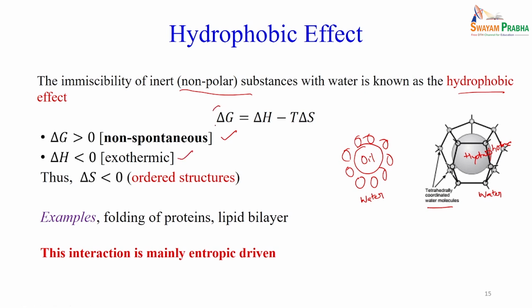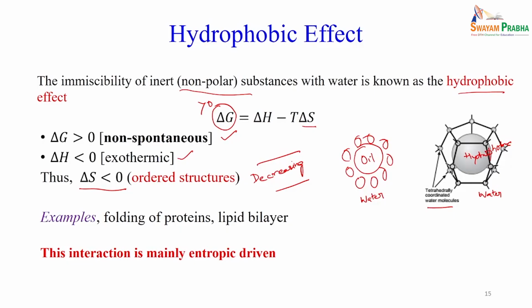So, if you want delta G to be greater than 0, it means that delta S must be negative. A decrease of delta S means the formation of a more ordered structure, which is represented here. Water molecules are very well ordered or organized, as you can see in this picture as well.